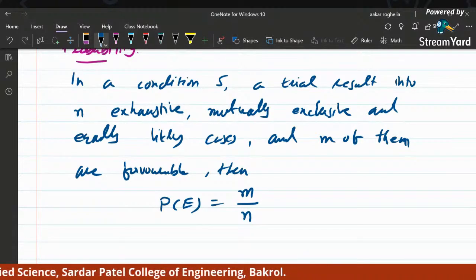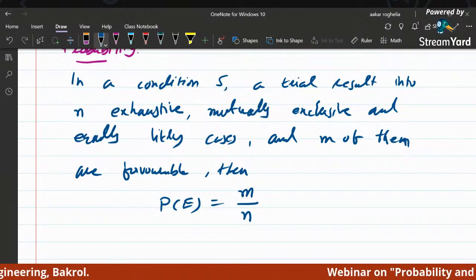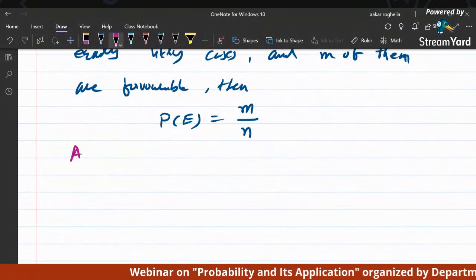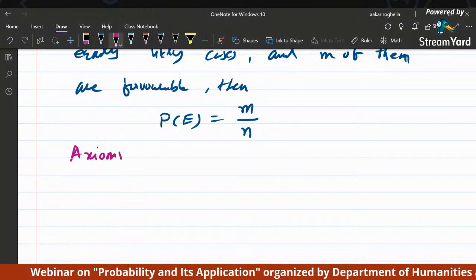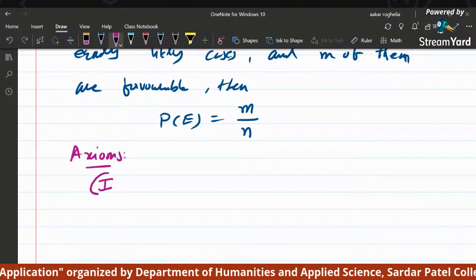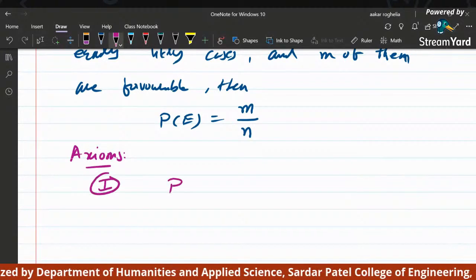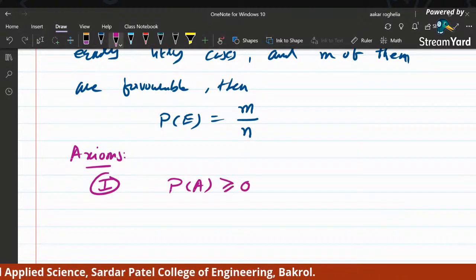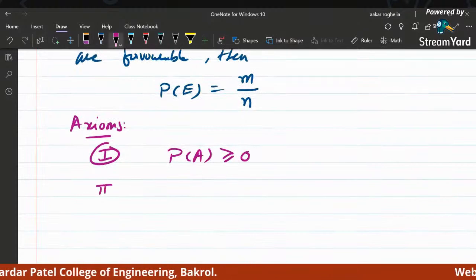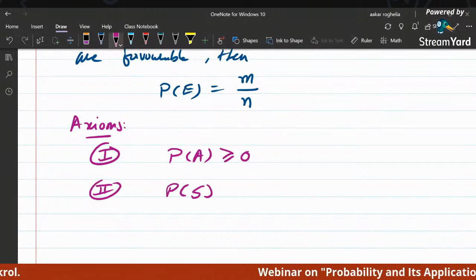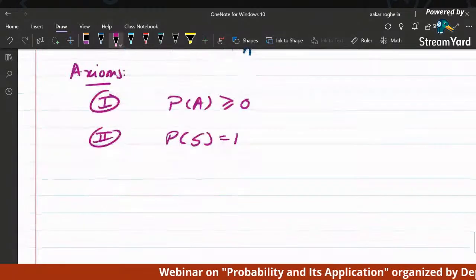Now, of course, on the basis of that, there are three axioms we have for probability. So what are the axioms associated with that? Axiom number one: the probability of any event A is always greater than or equal to zero. Axiom number two: the probability of sample space S is always one.